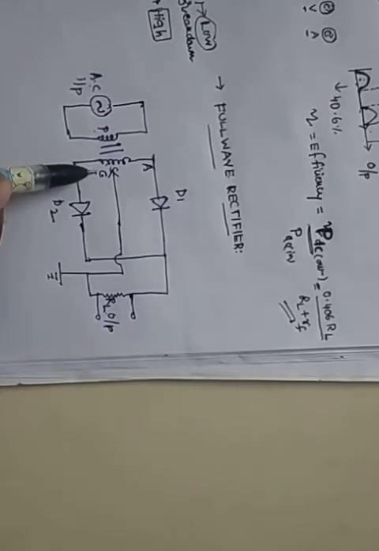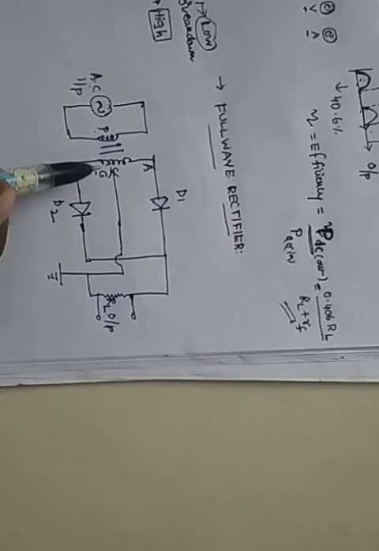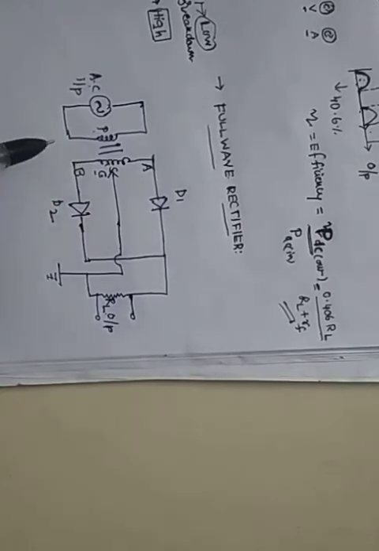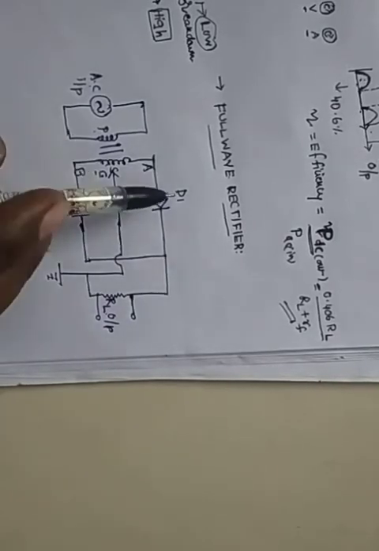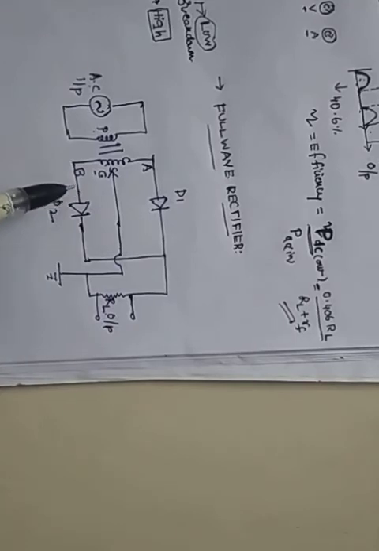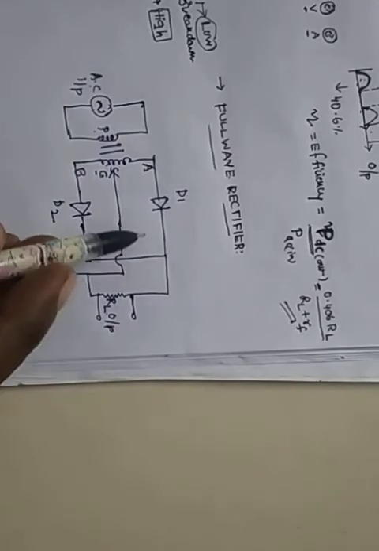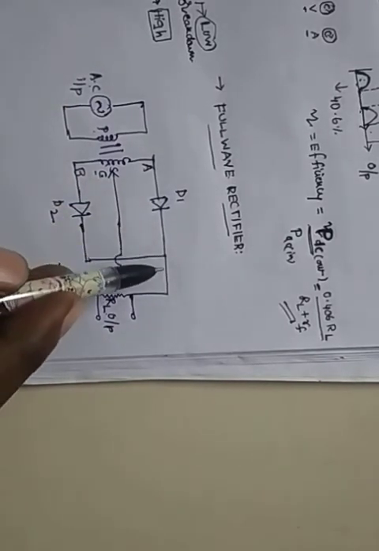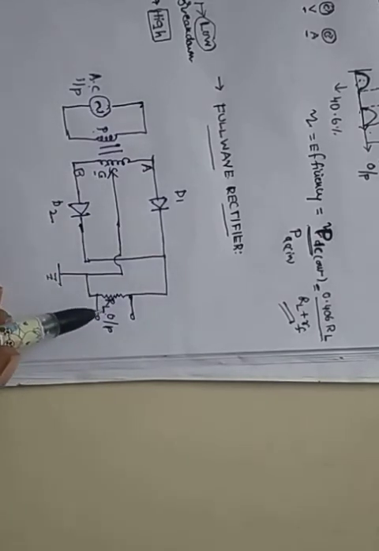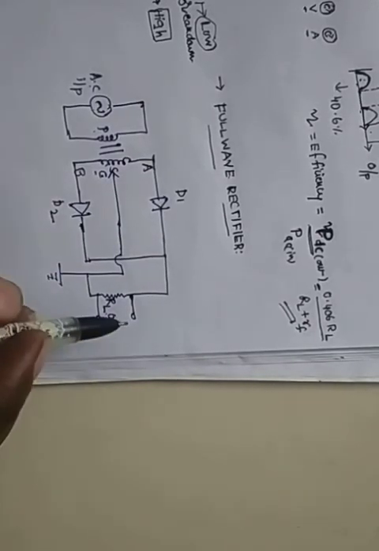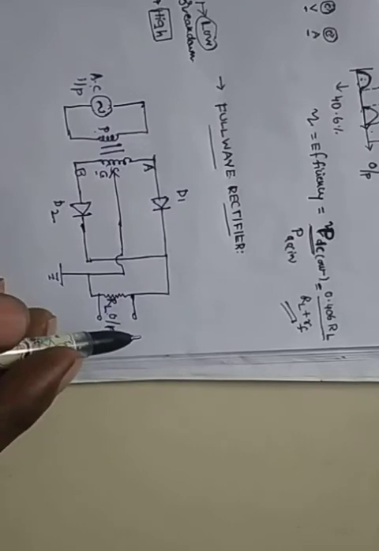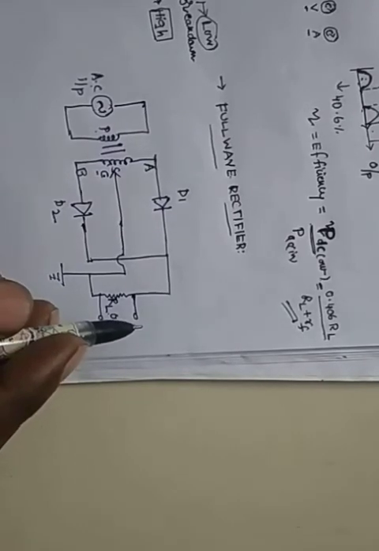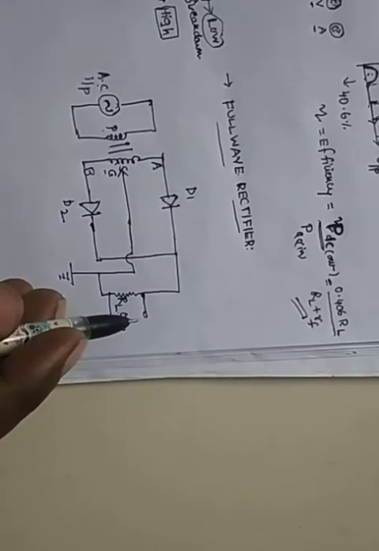C is called the center tap, and A and B are the terminals. D1 and D2 are the diodes. Now this end is connected to the load resistance, through which the output is taken across it. This is about the circuit diagram.